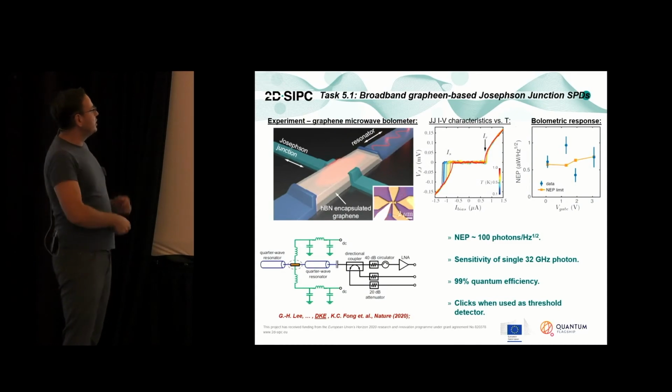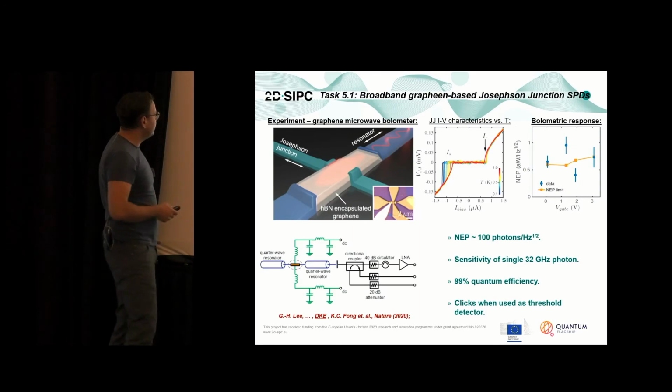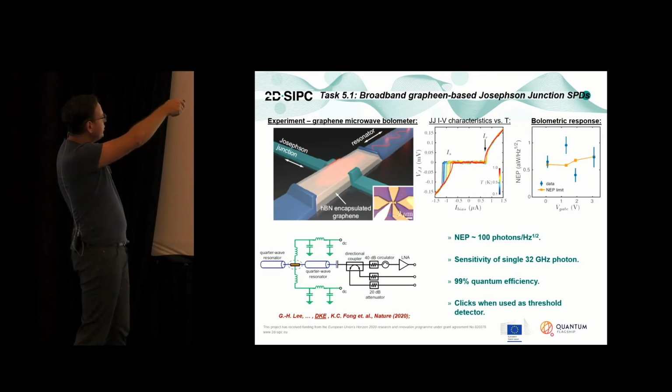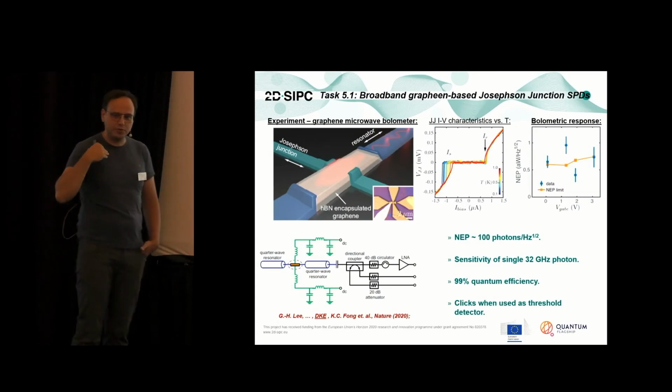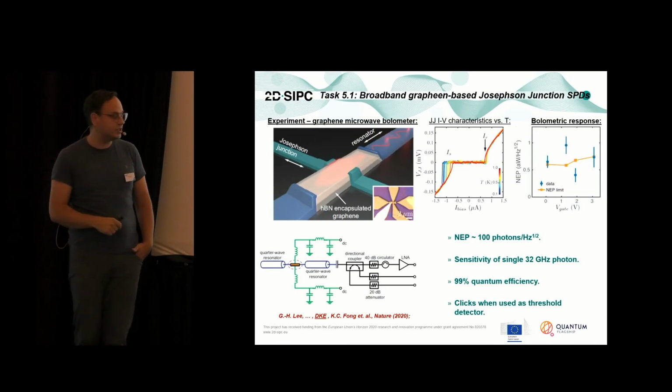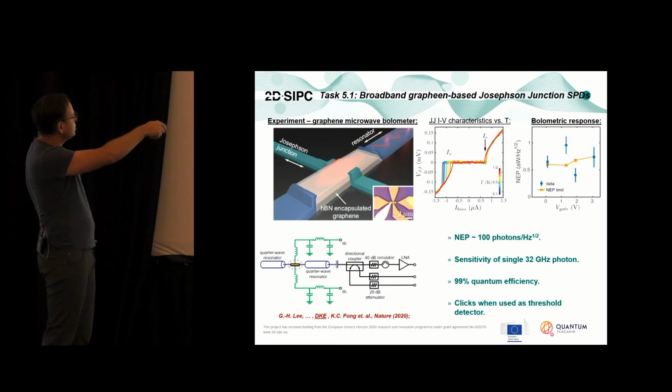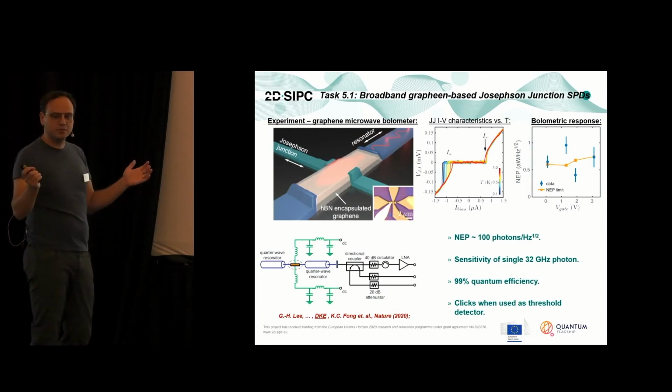For example, in this work here, we have integrated a proximitized graphene Josephson junction along this direction, where we can pass a supercurrent across it. And we can couple that Josephson junction to a resonator based on a superconducting circuits platform.